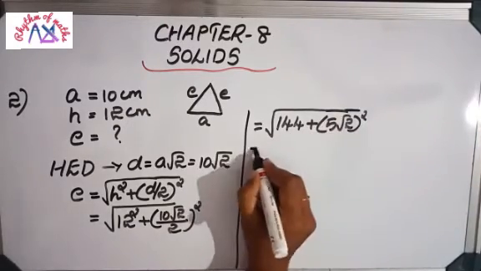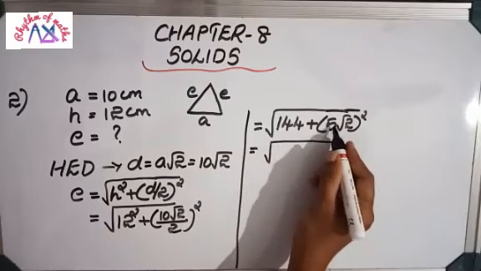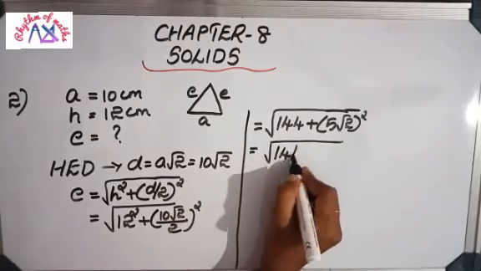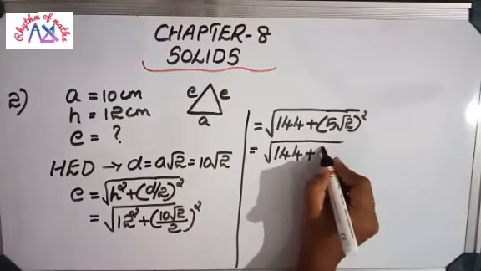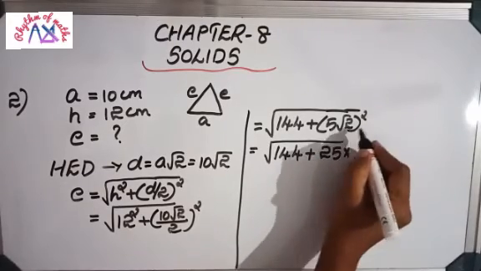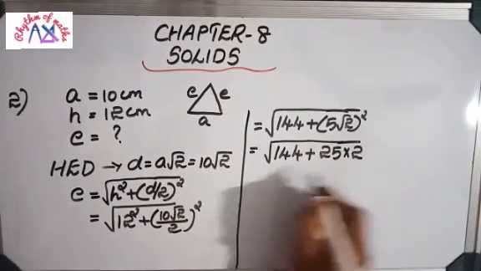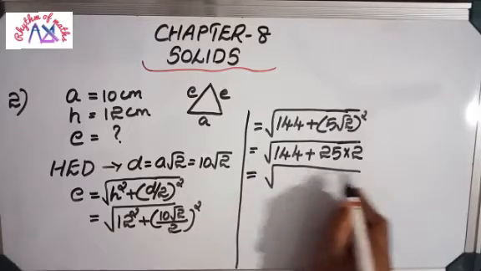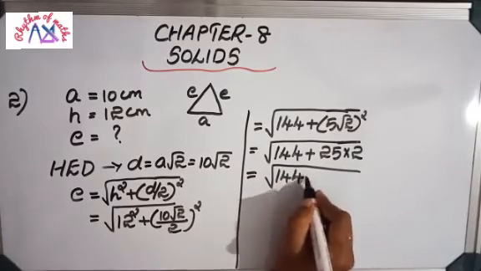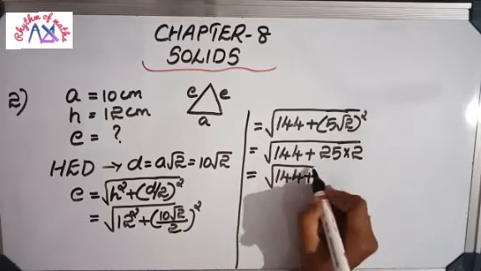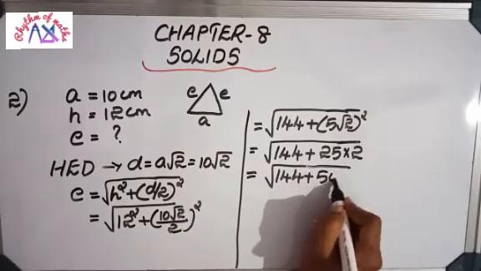And 5 root 2 whole square means you have to find the square of 5 and root 2. So 144 plus 5 square is 25 into root 2 square is 2. Okay. So that is 144 plus 25 into 2, that is 50.